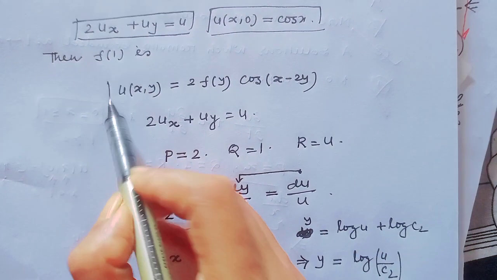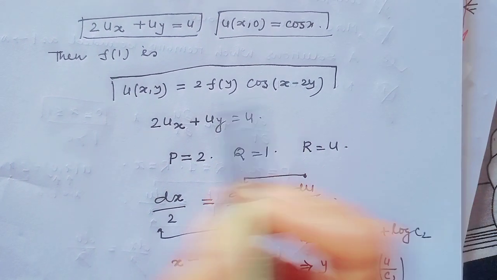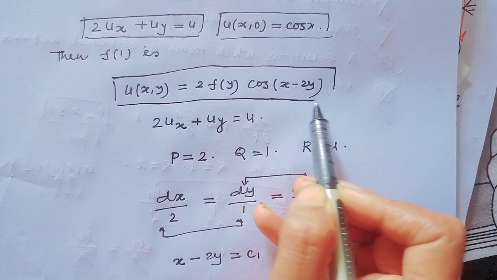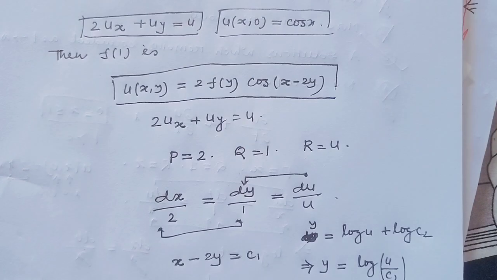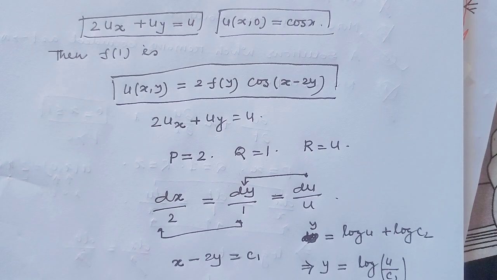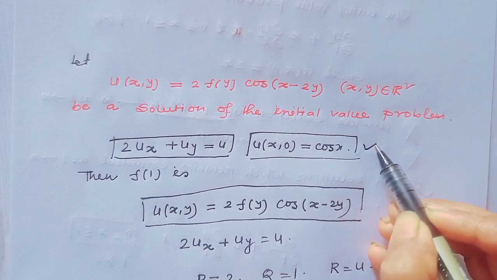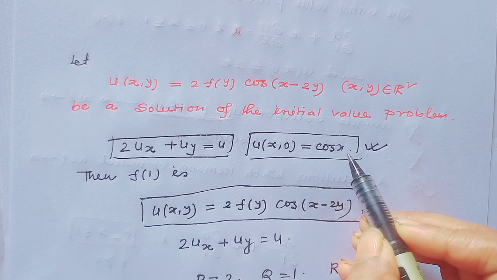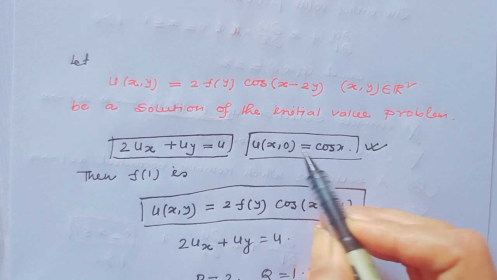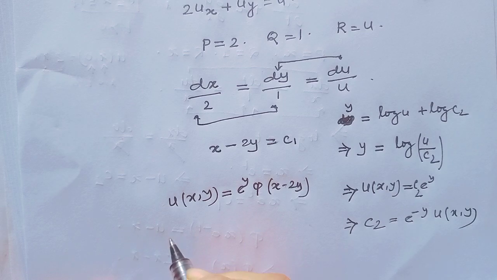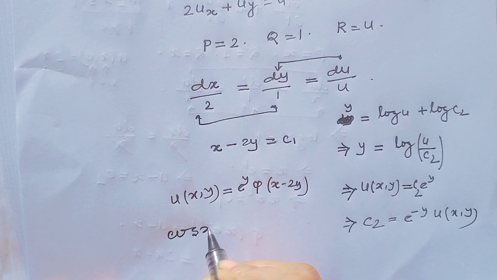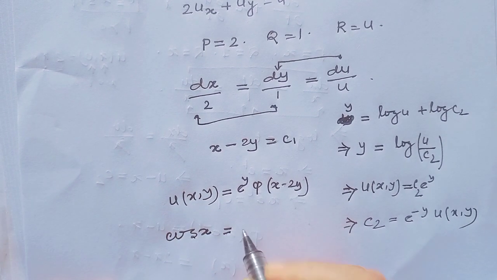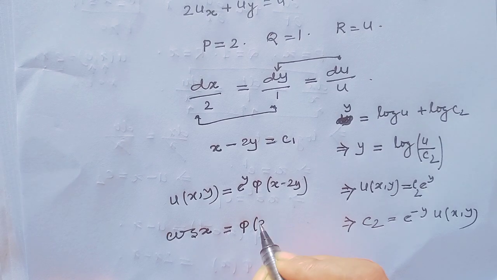And notice, here the given solution looks like u(x,y) equal to 2f of y times cos(x minus 2y). For this, at the initial condition u(x,0) equal to cos x, that means here y equal to 0. This is equal to cos x, and y equal to 0 means this value is phi of x.